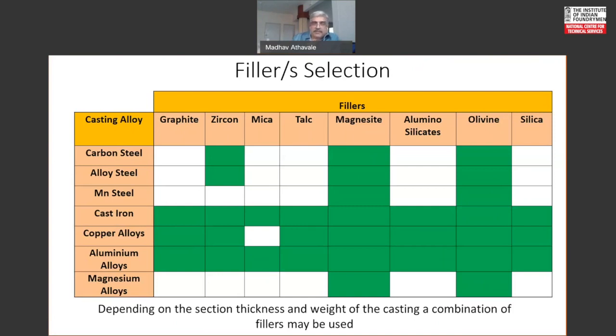In practice, we will see a little more. These are general guidelines. For a given casting, for a given foundry's way of producing them, sometimes a coating supplier will make a customized formulation just to meet their specific requirements.